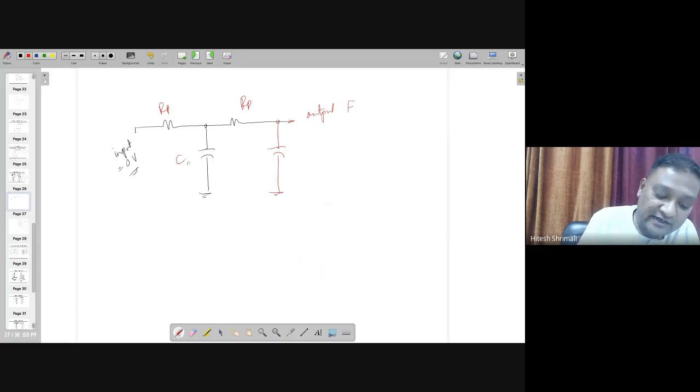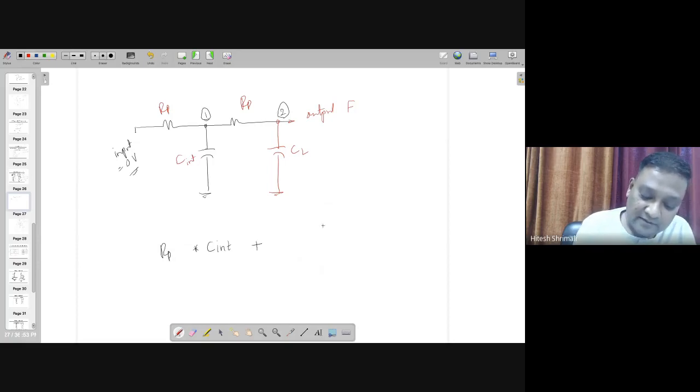So if this is C int and this is CL, you can find out the Elmore delay, which says that there are two nodes. So C int has the path resistance of RP, plus CL, which has the path resistance of RP plus RP, which is 2RP, right? Because you have to make sure of the resistance which is on the path going from input to output.